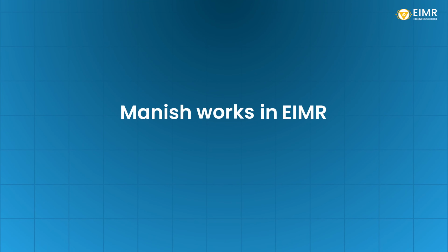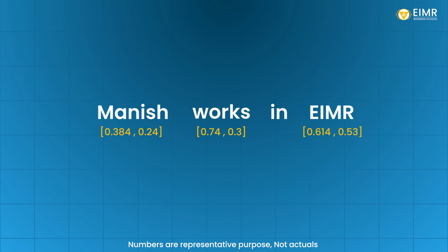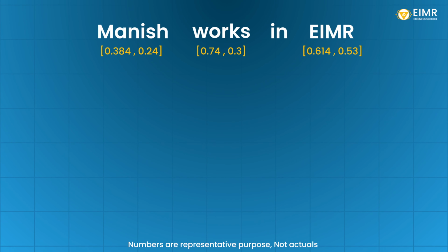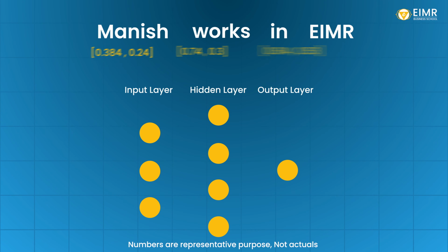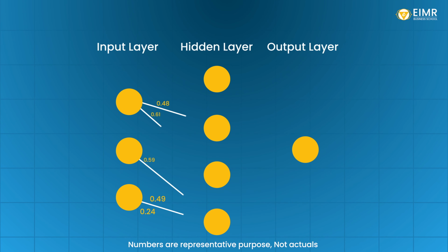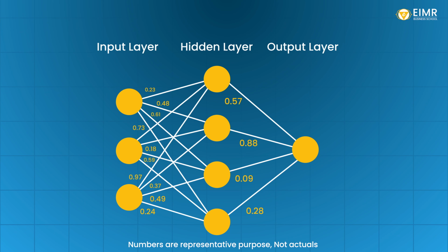So first this sentence is transformed into numbers, and these numbers are then processed. In a neural network there are three layers: input layer, hidden layer and output layer. The input data goes into the input layer. In the hidden layer, the data is processed with some mathematical treatments, and then it goes to the output layer.